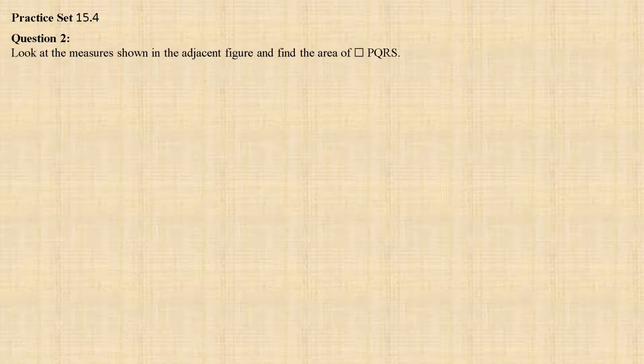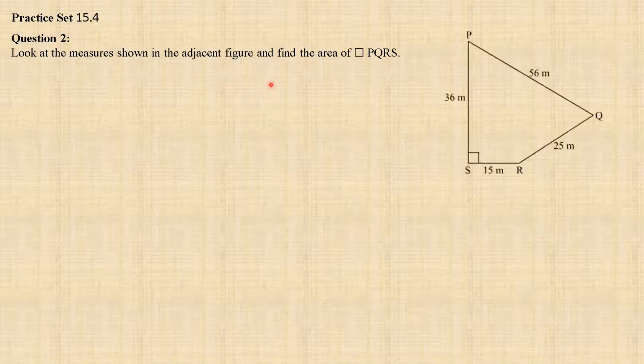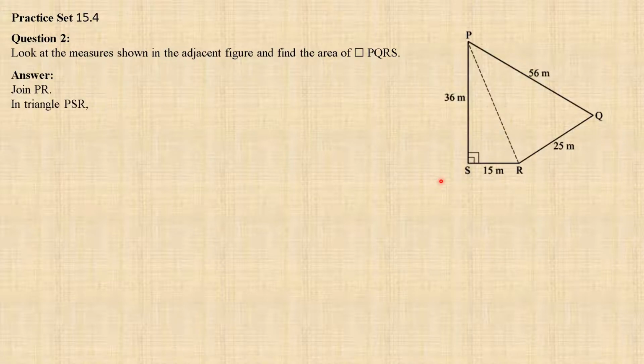Let us do the second question. Look at the measures shown in the adjacent figure and find out the area of quadrilateral PQRS. Now first what we do is we join PR. Now in triangle PSR, we can apply Pythagoras' theorem.